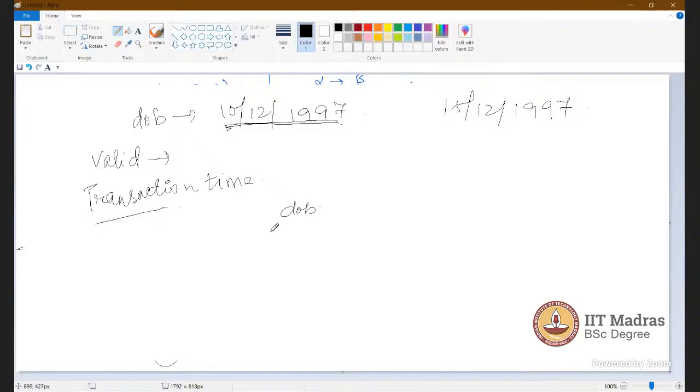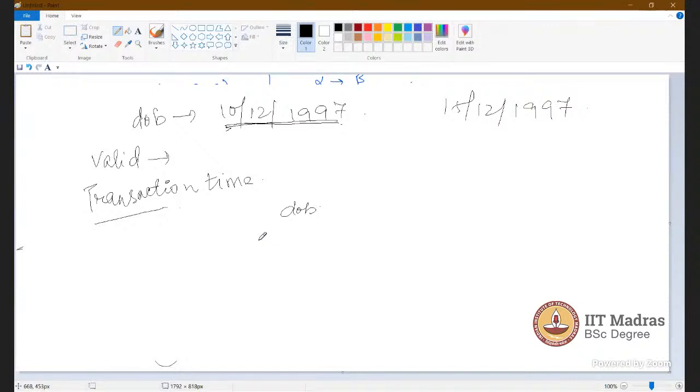So the date of birth 10/12/1997 is the valid time. And 15/12/1997 is the transaction time, meaning when the information got updated.